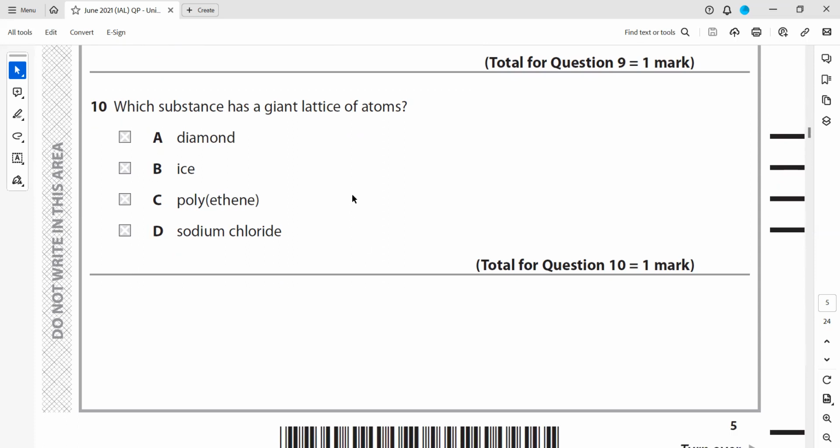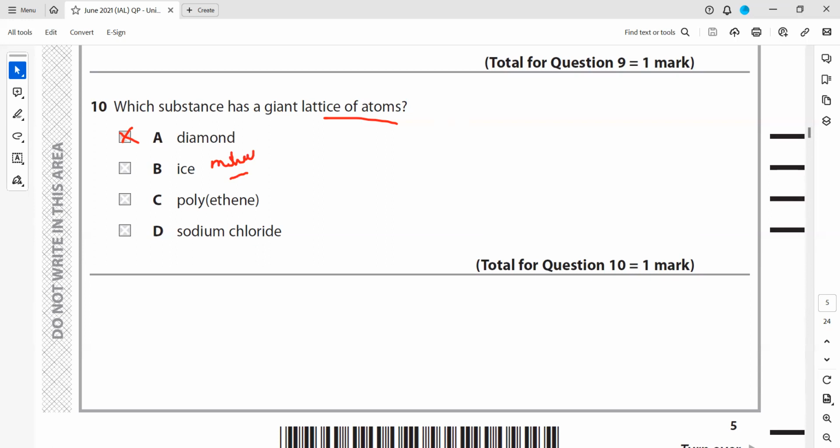Which substance has a giant structure? So it's obvious diamond is there, which is a giant lattice of atoms. When we talk about ice, which is a molecule, this has a molecular structure.